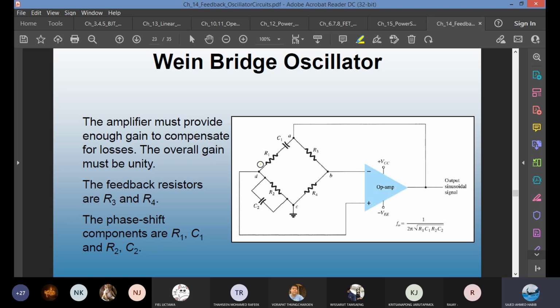The phase shift components will be the ones which are connected with a capacitor. So R1, C1 and R2, C2. And then R3 and R4, they are not directly with the capacitor in the same branch or in a loop. R3 and R4 are used for feedback. So two things happening, feedback and phase shift. You have an oscillator.